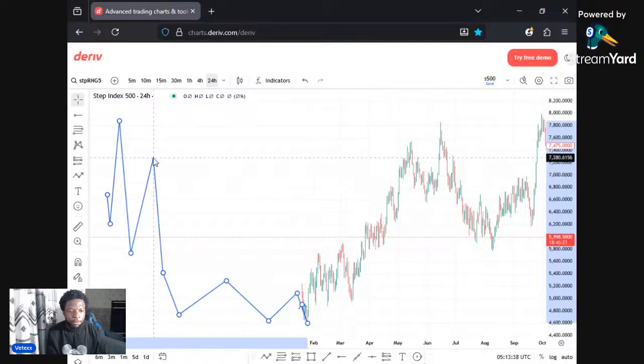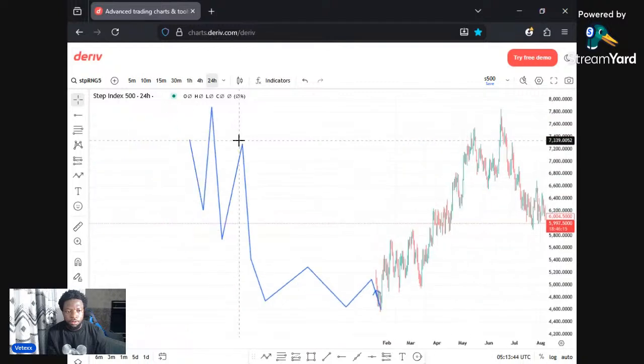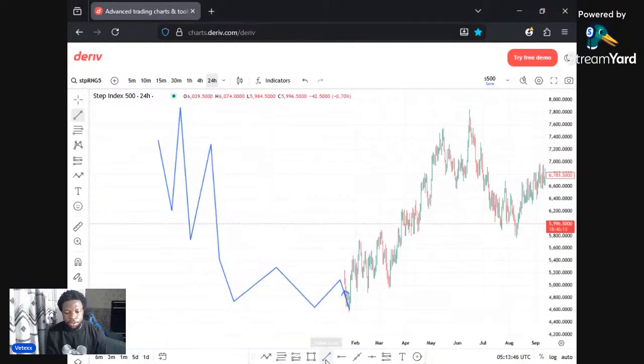On the weekly time frame of the 500, you'll see something like this. That means it's bearish on the weekly time frame, but Deriv TradingView doesn't show up to weekly. The only place we can stop is at the daily.